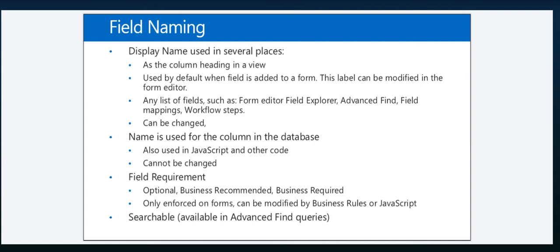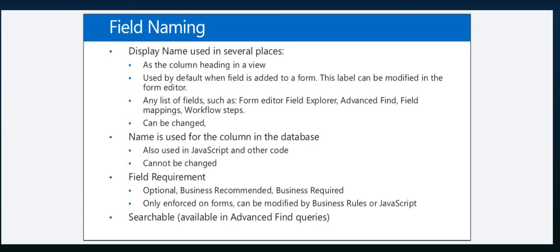So field names, the display names are used in a number of places. Keep that in mind when you create new names, because it's used in the column headings in the view. When you add the field to a form, that's the name that's going to be used.